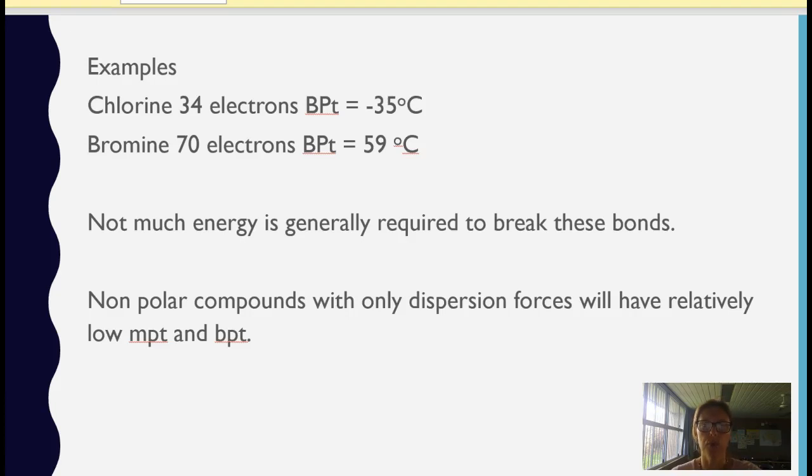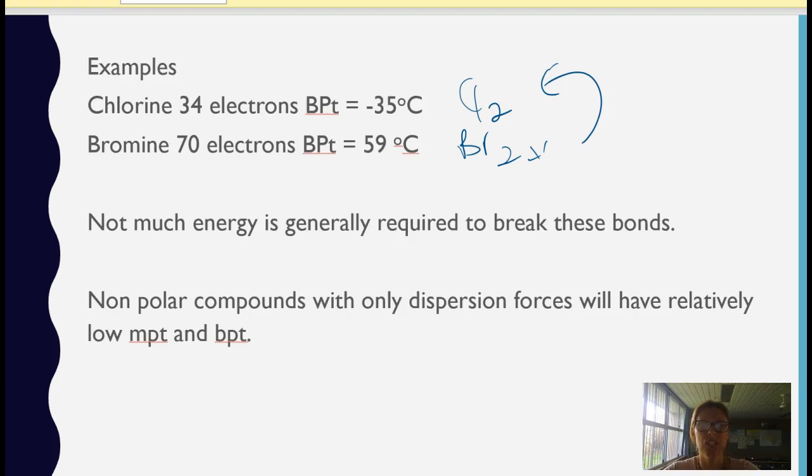Compare that to bromine, which in its Br2 molecule has 70 electrons. Its boiling point is much higher. So more energy is required to break this bond than this one. More energy is required, you can see the increase in boiling point, and that comes down to its structure, which is 70 electrons in and around that molecule versus 34.